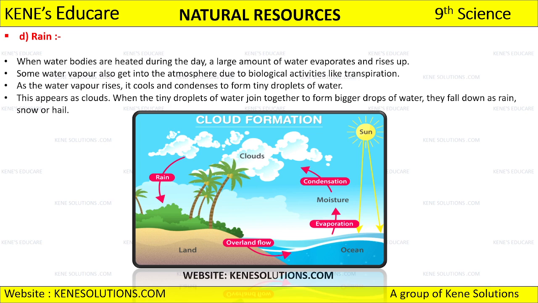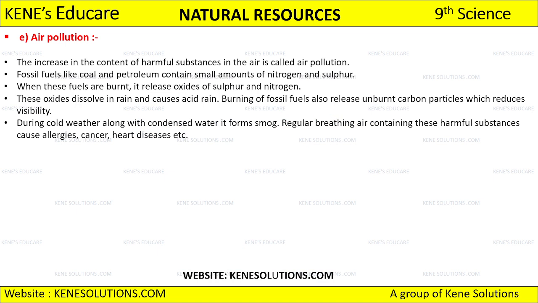Then after discussing a bit on air, we'll start with rain, because through rain we have water. So we'll be studying cloud formation, or indirectly we can say the water cycle, in short.